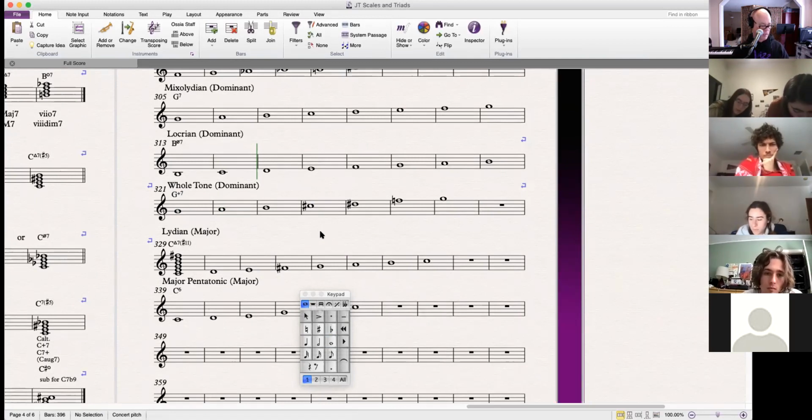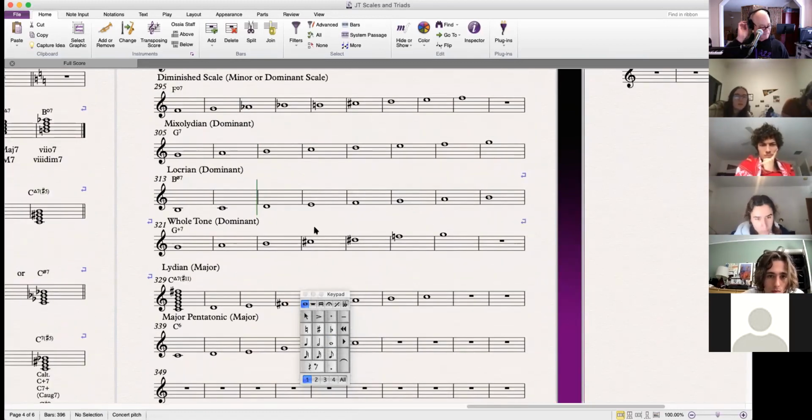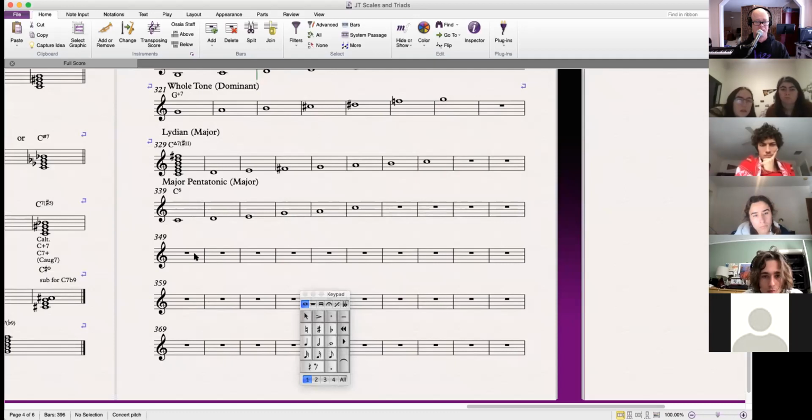Okay, now we're going to introduce a couple of new ones. Two new ones. One is one that we'd mentioned before, and this one belongs to the dominant family, but I'm going to put it down here because it's a brand new scale that we haven't talked about, and it's kind of interesting and a little bit complicated.